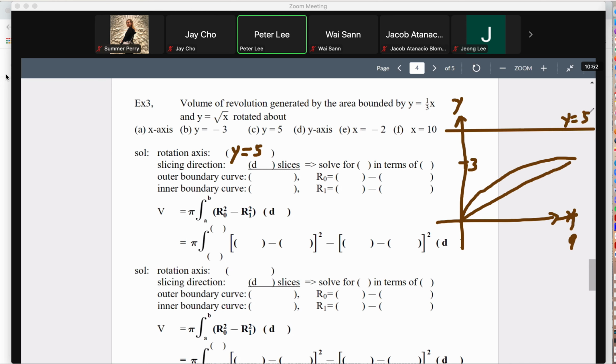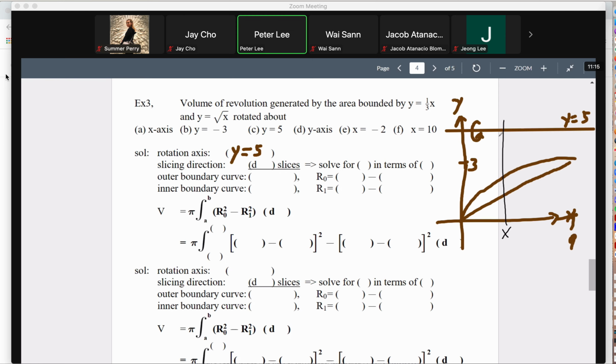And we are now going to rotate this way. So now what we're going to do is take a cross section here. Now at this point, this is at x.